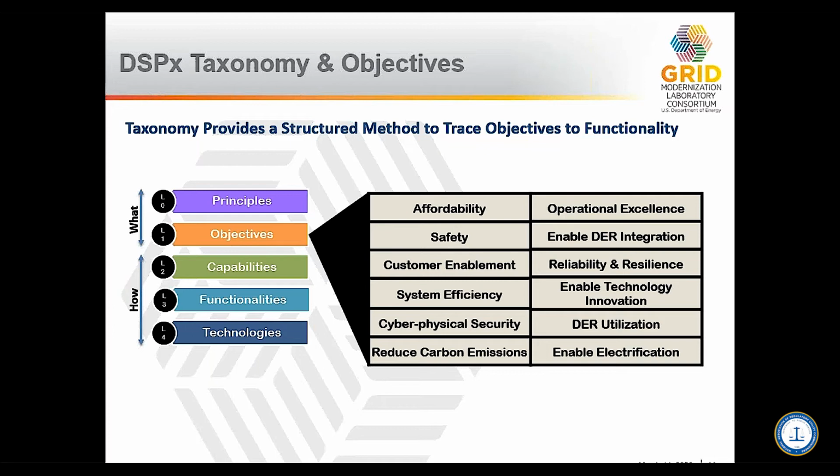It's saying if you have these kinds of objectives, picking from this list, then we would be able to show you through this next set of slides how they relate to certain capabilities, and those capabilities link to functionalities that would be required to achieve that objective, and then from there, a set of technologies that would be linked to enabling that set of functionalities, so that you can really see traceability all the way through. Nobody's expecting everybody to do all of these. This is really a la carte: you choose what makes most sense for your particular location. Next slide, please.